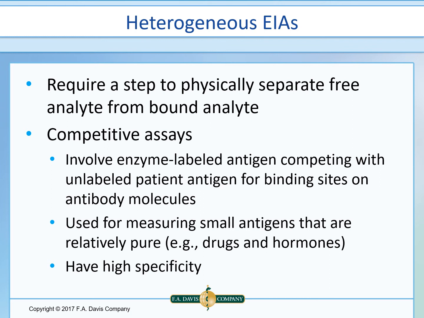In this method, enzyme-labeled antigen competes with unlabeled patient antigen for a limited number of binding sites on an antibody molecule that are attached to a solid phase. After a washing step to remove any non-specifically bound antigen, enzyme activity is then determined. This method is usually used for measuring small antigens that are relatively pure, such as drugs and hormones.